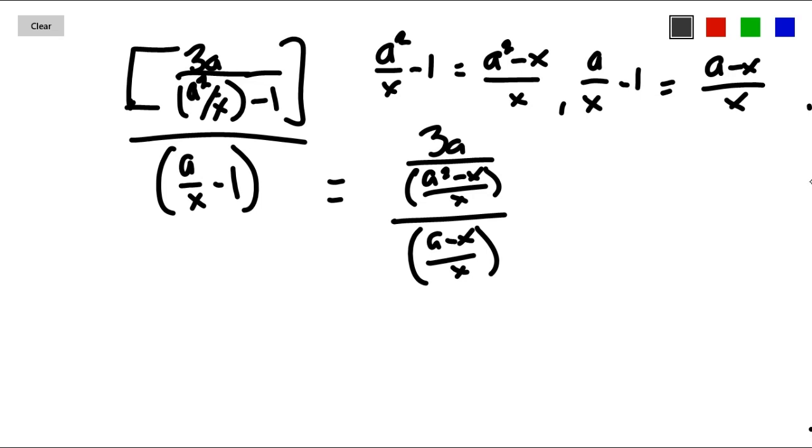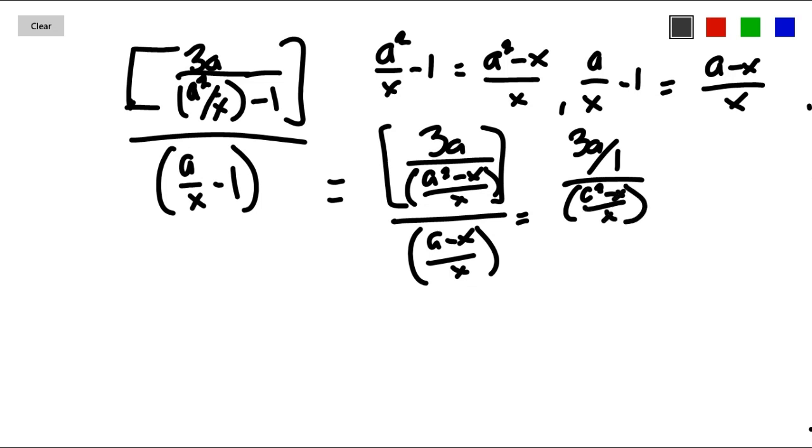On the top, we have a complex fraction in and of itself, because I can write this as 3a over 1 divided by a squared minus x over x. This is still a fraction, which means that we're dividing the top and the bottom.